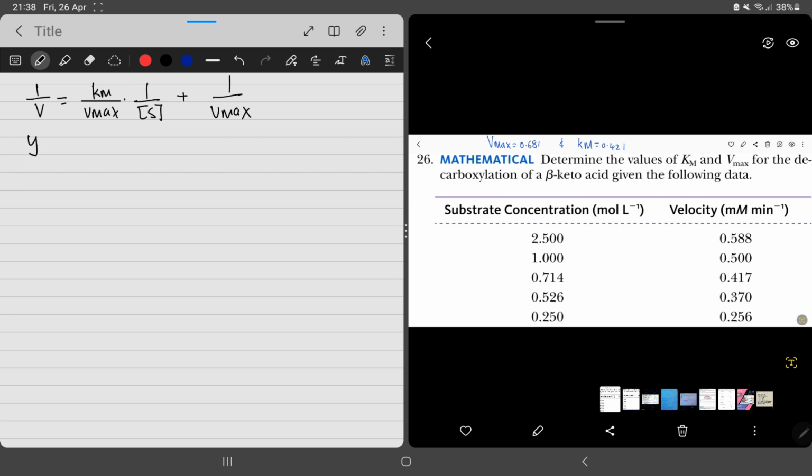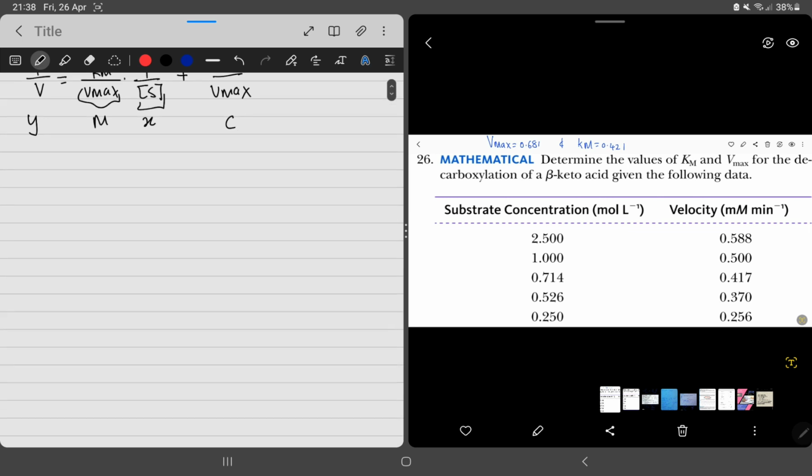So this represents the y values. This is going to give us our gradient. This is going to give us the x values, and 1 over Vmax represents the y-intercept.